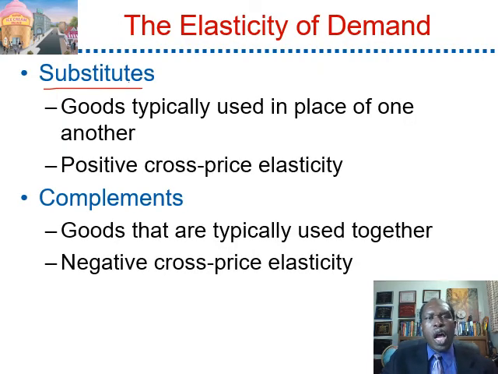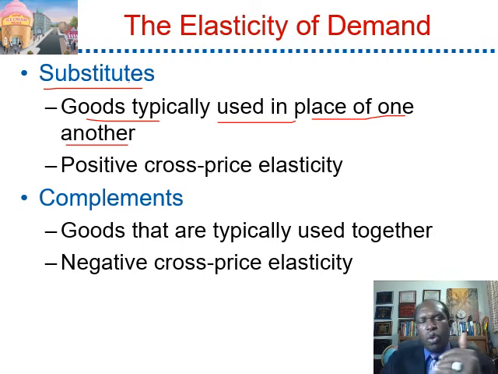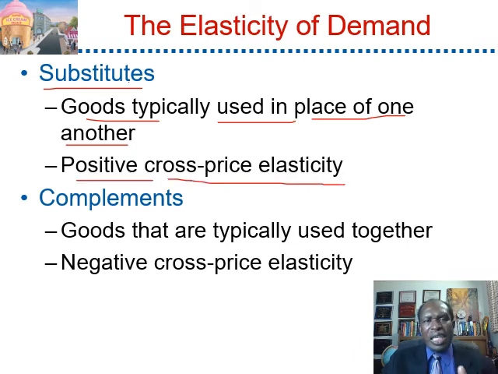Substitute goods are goods which are used in place of one another. So you can replace one good by another good, for instance, Sprite and Coca-Cola. Whenever you have a positive cross-price elasticity, the good is considered a substitute good. So the value of the cross-price elasticity will be greater than zero.